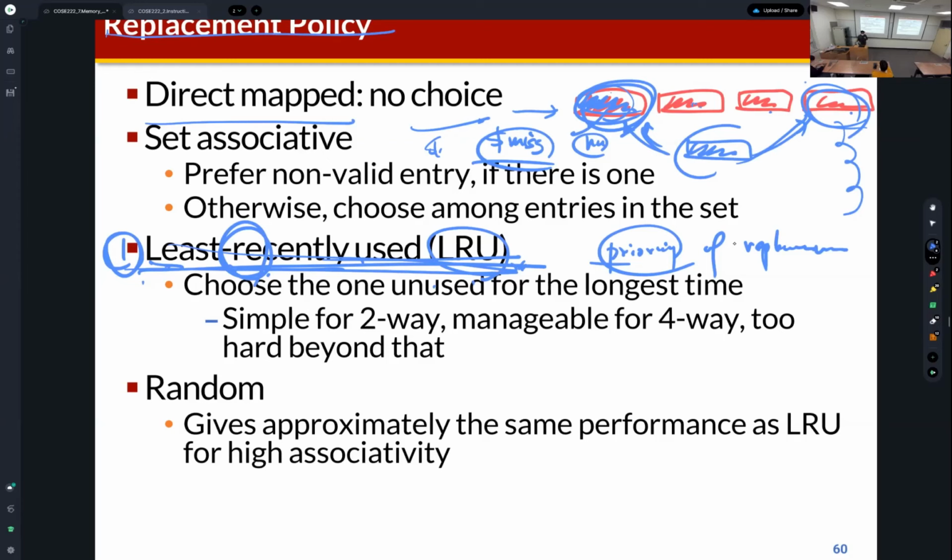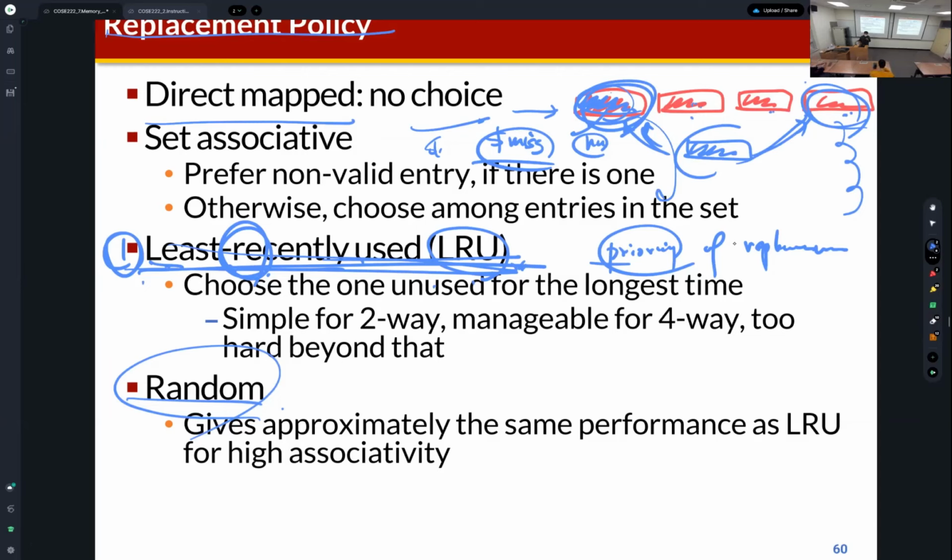So some processors, such as ARM, use the random replacement policy, which means that among these 4 blocks, the evicted block is selected randomly.